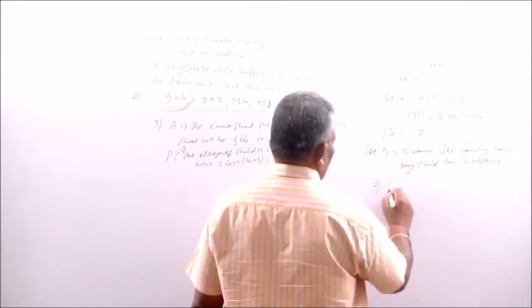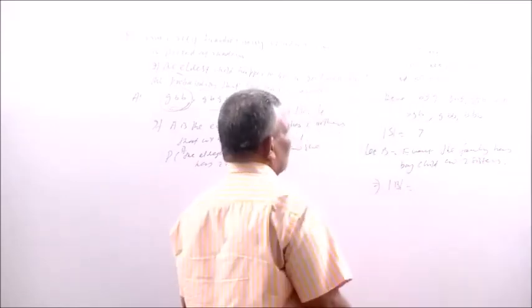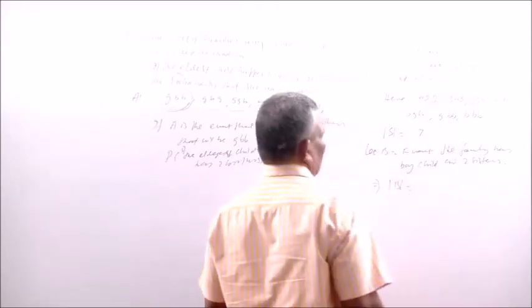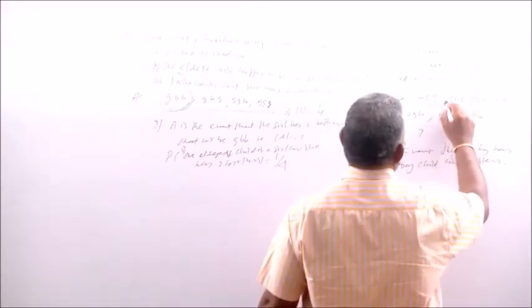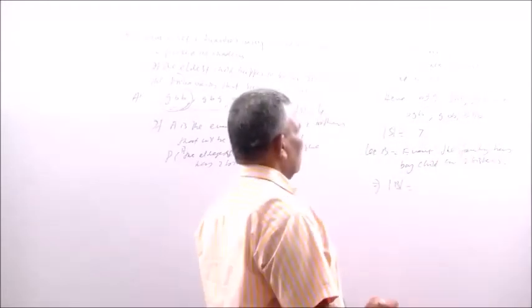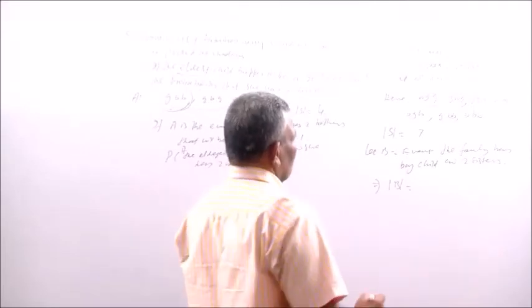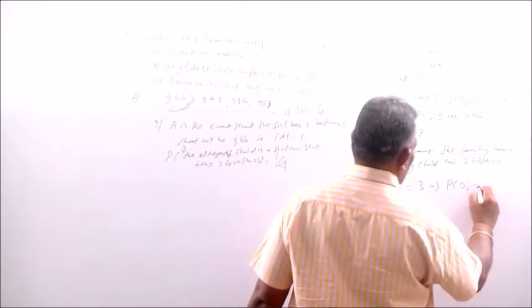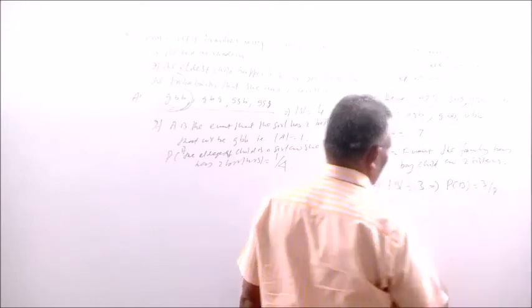That implies cardinality of B. What are the possibilities here? BGG, boy with 2 girls, GBG, boy with 2 girls, GGB, boy with 2 girls. So there are 3 possibilities. So probability of B is 3/7.